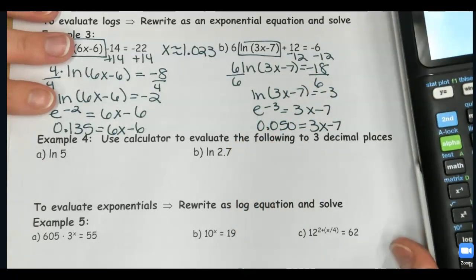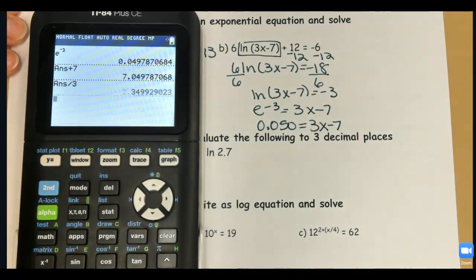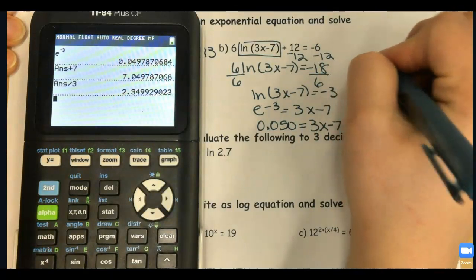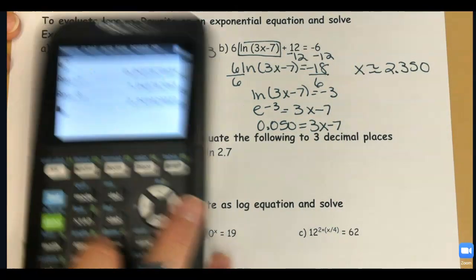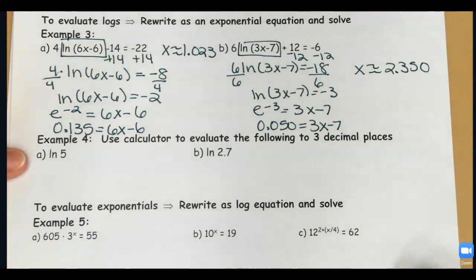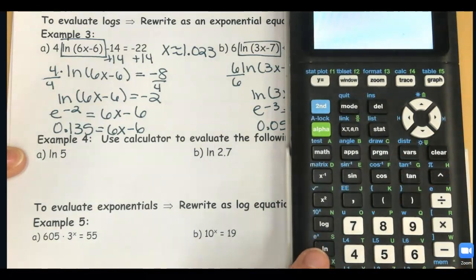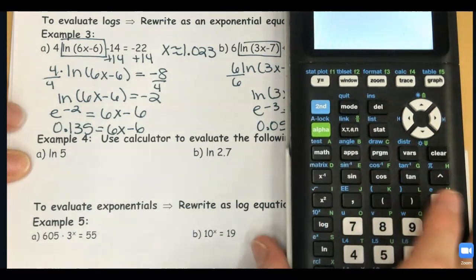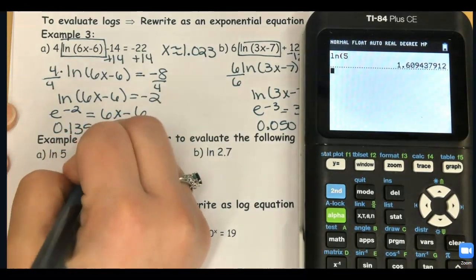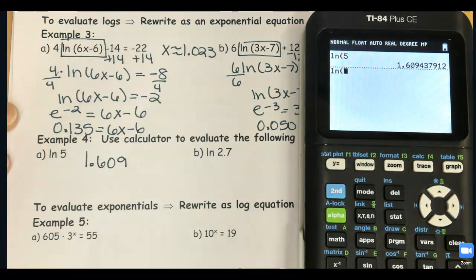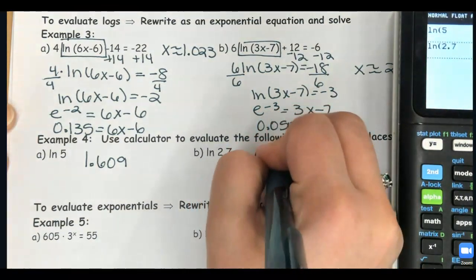Then to solve for x, I'm going to add 7 and divide by 3. Okay, and then again, if I have logs that are not exact, I can still evaluate them in the calculator by pressing my ln button. It's right here below log base 10. So if I want the natural log of 5, I can type that in the calculator, or the natural log of 2.7. Again, type it in the calculator.